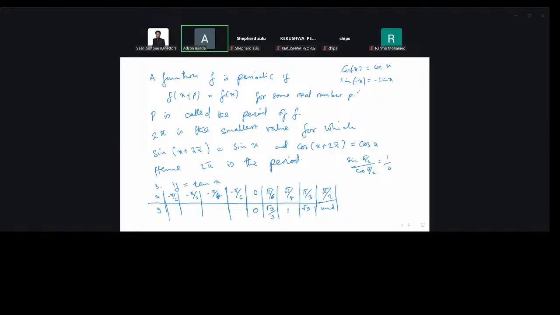So it tells you that the tangent and the sine curve have the same sign in each quadrant. If sine is positive, then the tangent will also be positive. If sine is negative, then tangent will also be negative. So that is what we are going to use. In this case, this will give us negative root 3 over 3.